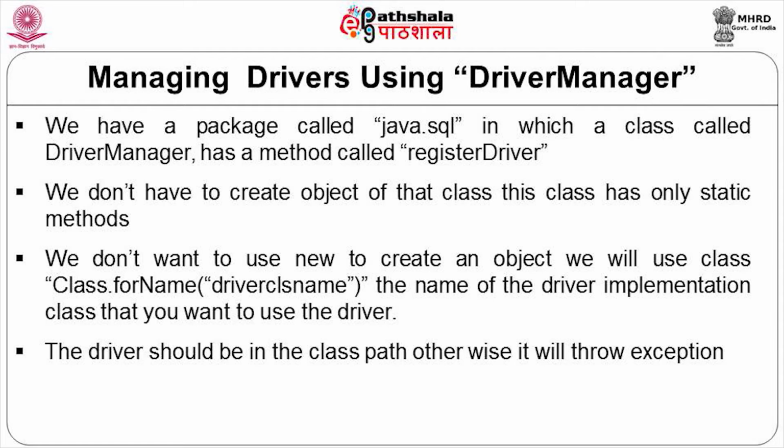If you hardcode it here, again that would require changing. So don't hardcode. It's not advised that when you say Class.forName, you put the name of the class in double quotes, because that would mean that if you want to change the JDBC driver, you need to recompile your code. We are not interested in that. So normally you should read the name of the class from a configuration file and use it here. So that was one part where we are dependent on which JDBC driver you are using. We need to know the name of the class.